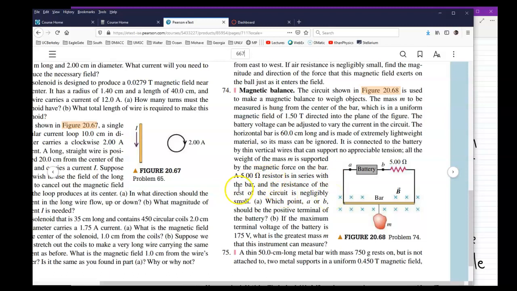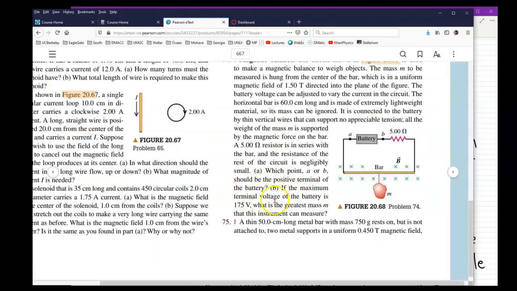I'm trying to get to the question. He said, which point, A or B, should be the positive terminal of the battery? If the maximum terminal voltage in the battery is 175, what is the greatest mass M that this instrument can measure?